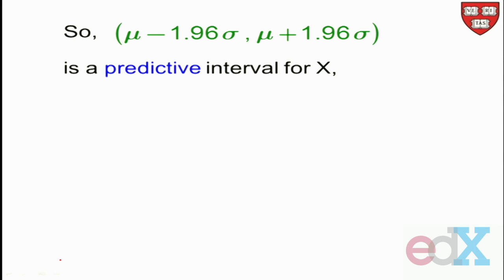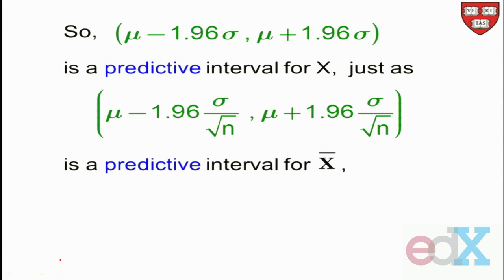What about x bar? Well, x bar, the central limit theorem tells us, is also normally distributed, with the same mean, but with a smaller standard deviation, the standard error. So instead of using sigma as the correct standard deviation, now the correct standard deviation would be sigma over the square root of n.